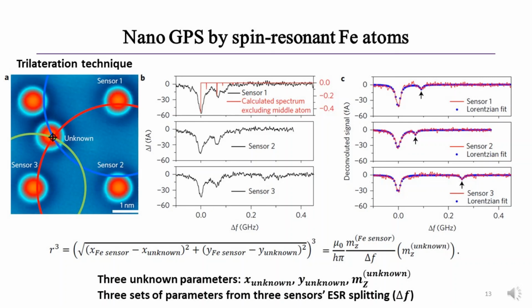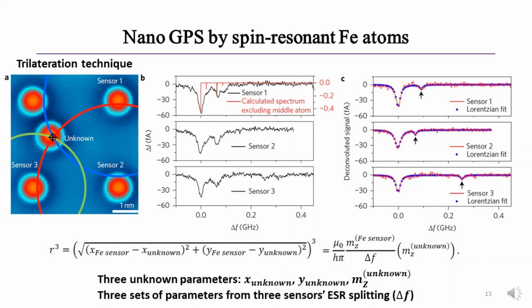In order to calculate the location and the magnetic moment of the unknown atom, there are 3 unknown parameters: the x and y coordinates and the magnetic moment of the iron in the middle. The author provided the equation as shown in this slide. However, we need 3 sets of parameters in order to calculate the 3 unknowns, so we get 3 sets from the ESR splitting of the 3 sensors.